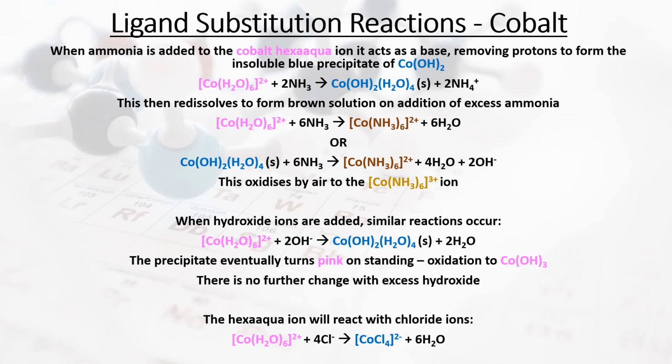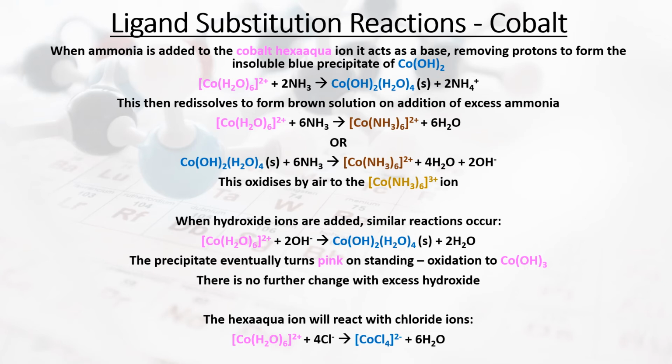Or we can consider it starting from adding a little ammonia to make that blue precipitate of the cobalt hydroxide, and then adding 6 lots of ammonia in. This displaces the 4 waters and the 2 hydroxides, and we end up with our cobalt hexaamine complex, that brown solution.